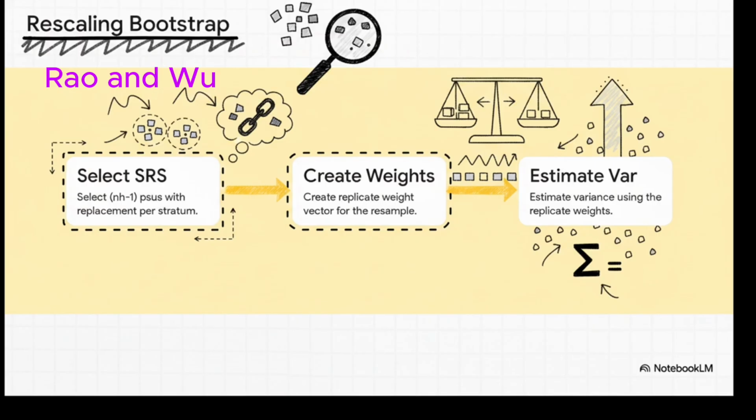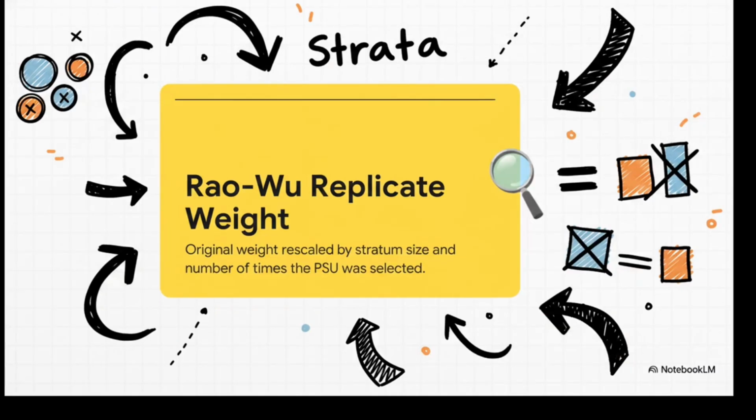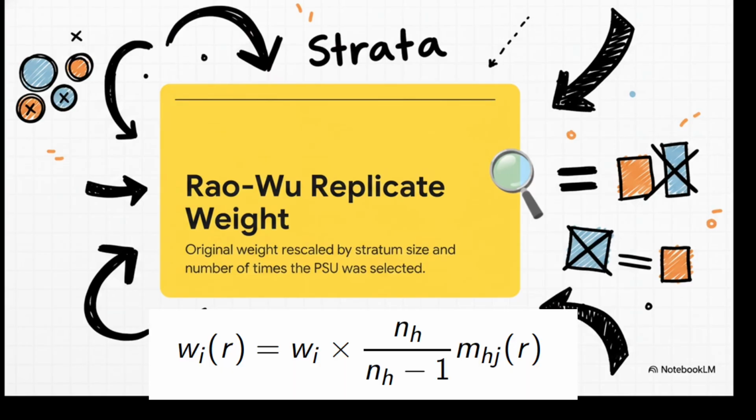Second, we create a replicate weight factor for that specific resample. And finally, step 3, we use those adjusted weights to estimate our variance. Let's actually break down the math for step 2, the Rao-Wu replicate weight formula. This tells us exactly how to rescale. The new weight for an observation in replicate R equals its original weight, Wi, multiplied by a scaling factor, which is n_h divided by n_h minus 1.